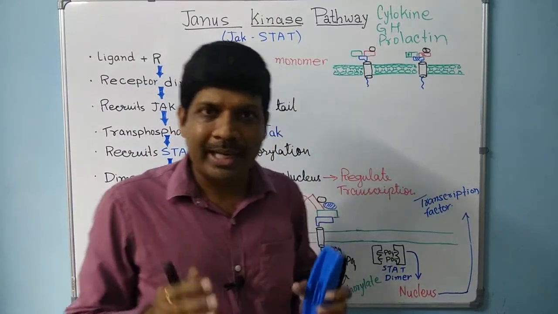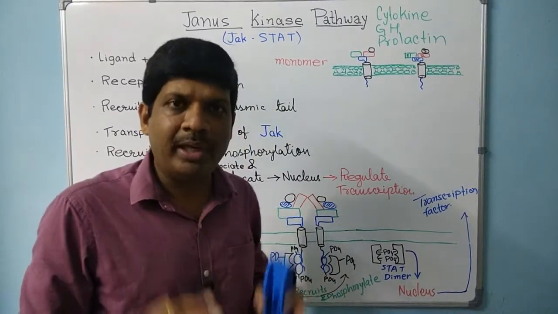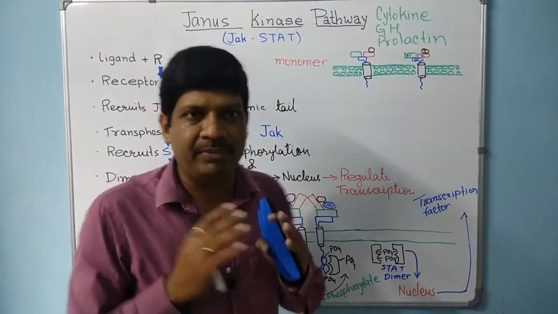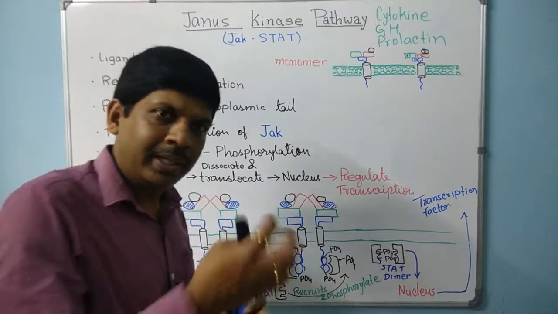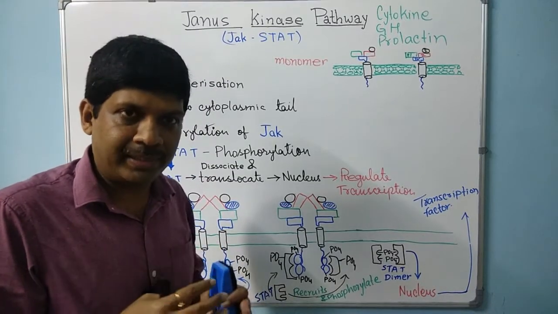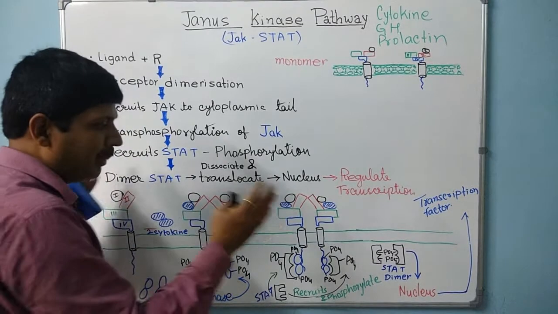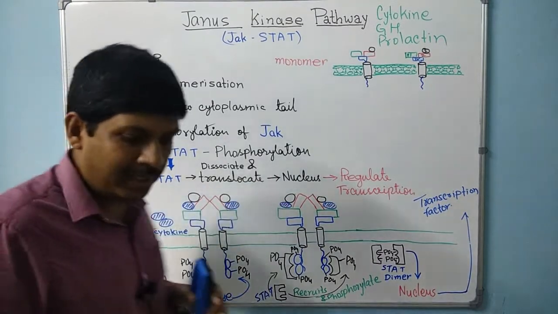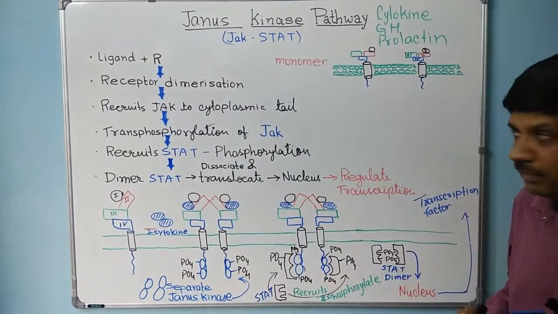So you can say that this particular receptor has no intrinsic enzymatic activity. Rather, it will cause the binding of Jak separately. We'll see it in detail later on. I will explain the whole pathway with the help of steps and then a figure.